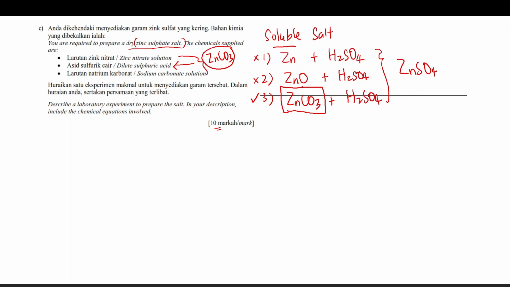So how are we going to explain? First, we add the zinc nitrate solution to the sodium carbonate solution in a beaker. We mix these two together and they will react.